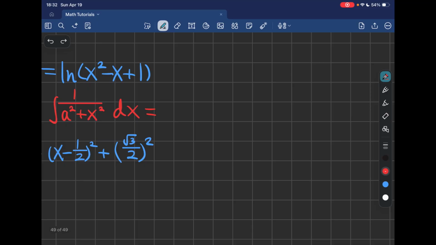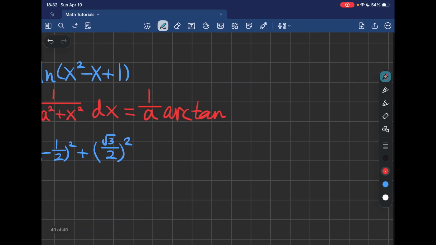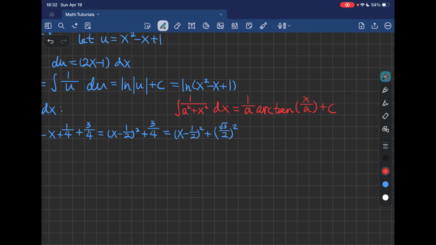That thing equals 1 over a arctan, which is inverse of tan, x over a plus c. So we need to use this formula. So first we are preparing it by making the denominator look like a square plus a square, right?